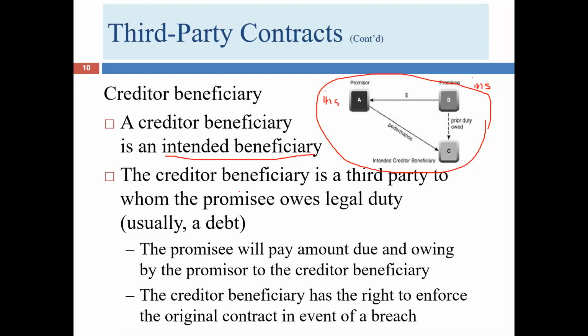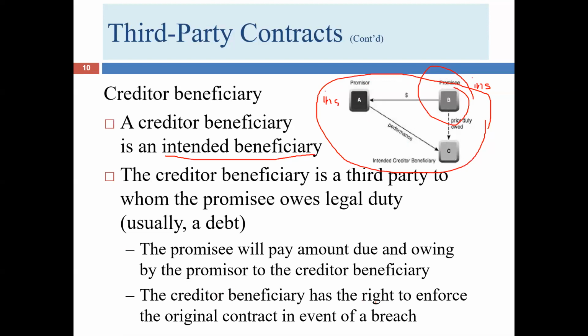Okay, so the creditor beneficiary is a third party to whom the promisee, this guy, owes a duty. So there is already this legal relationship. The promisee may pay an amount due and owing by the promisor to the creditor beneficiary. So basically what the promisee is saying is, hey, instead of paying the creditor directly, like sending a check here, I'm going to use the promisor as a mechanism to get that paid.